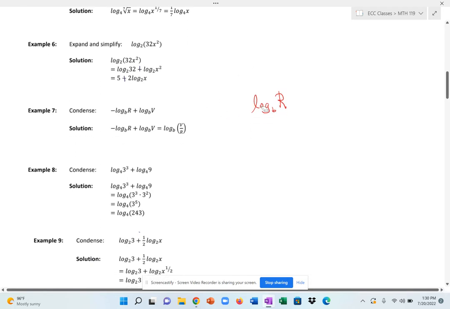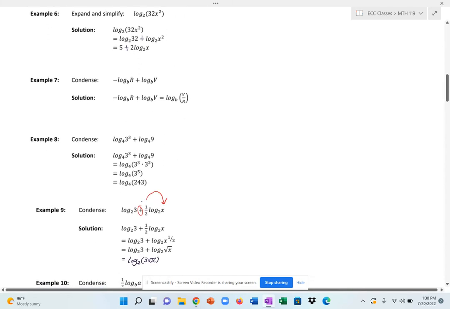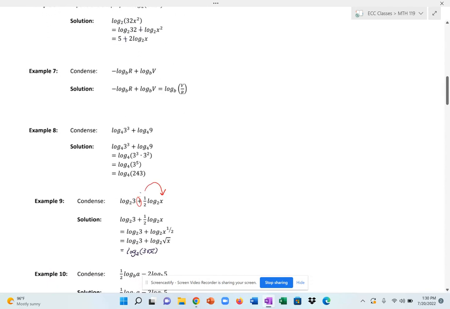Number 9, you're asked to condense log base 2 of 3 plus 1/2 log base 2 of x. So I will be using product law, and I will also be using power law. The 1/2 is associated with the second logarithm. So I have log base 2 of 3 plus log base 2 of x to the 1/2.